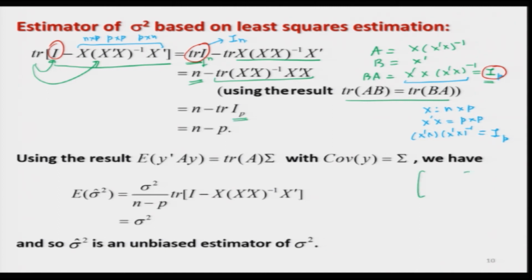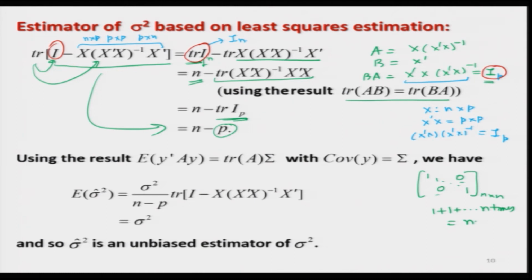When you write down a matrix of order n in which all the diagonal elements are 1 and all off-diagonal elements are 0, the trace is defined to be the sum of all the diagonal elements, that means 1 plus 1 plus 1, n times. So, this is going to be n. This is how we find the trace. Now, the trace of I p is simply p. So, the trace of this hat matrix comes out to be n minus p.